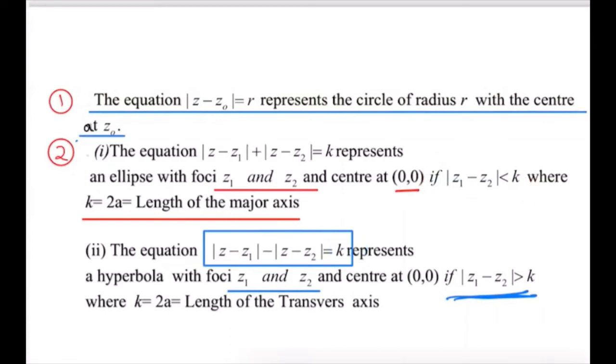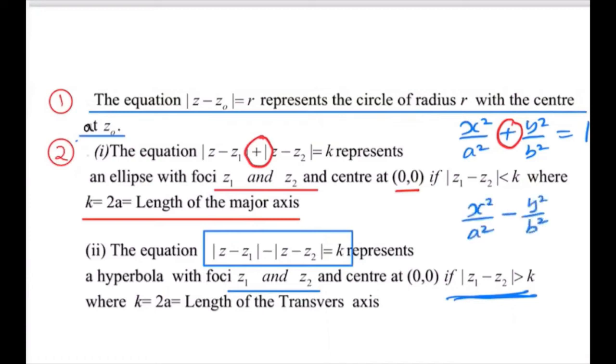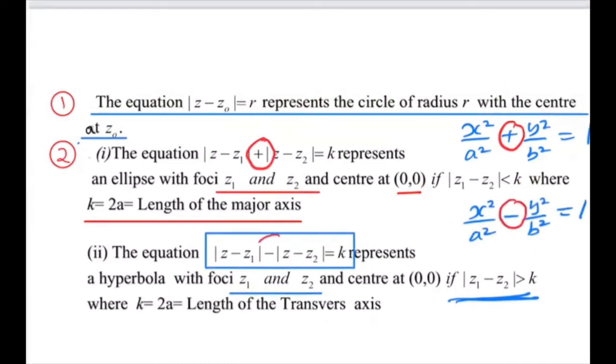It is easy to remember because the Cartesian equation of the ellipse is x²/a² + y²/b² = 1. So here you have a plus sign, so is here. The Cartesian equation of a hyperbola is x²/a² − y²/b² = 1. So here you have a negative sign, so is here. Easy to remember.